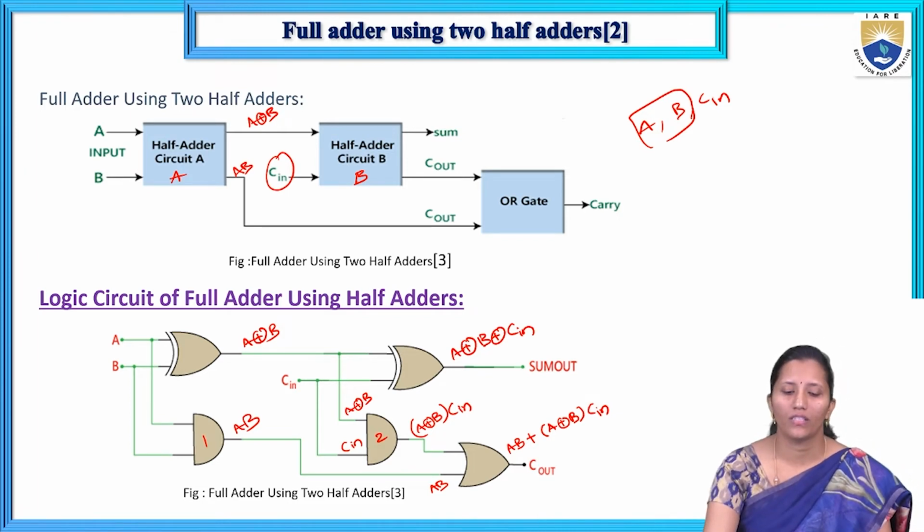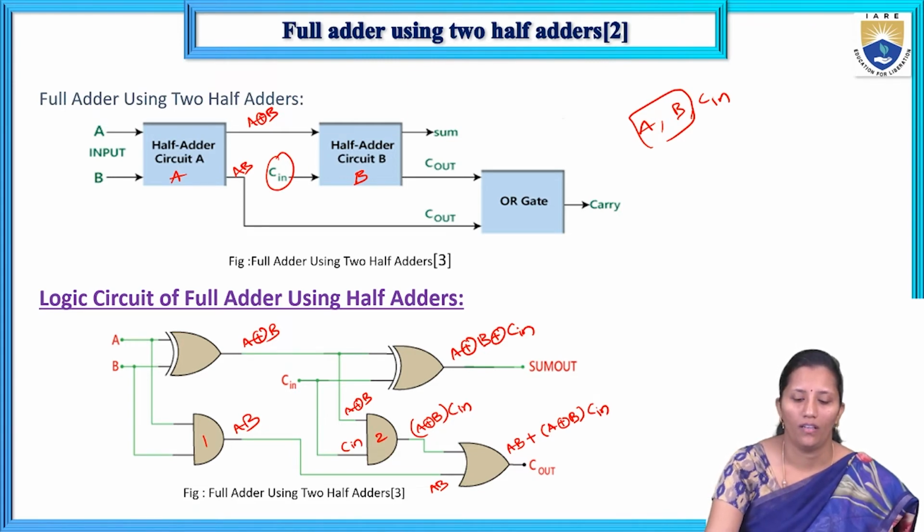Okay, so this is the equation for sum and carry using two half adders. This is the logic circuit using half adders for the full adder.